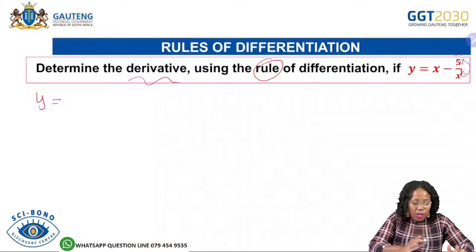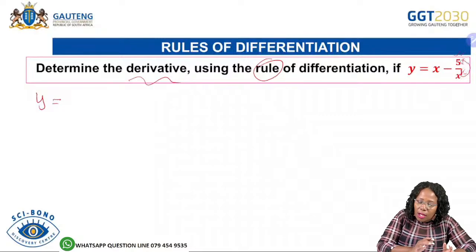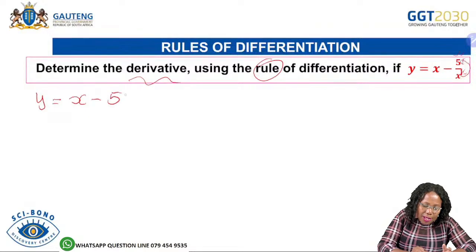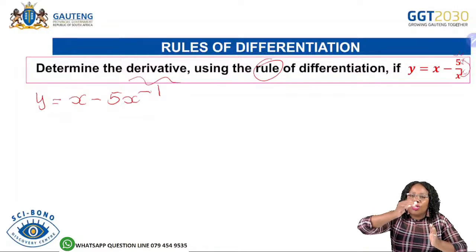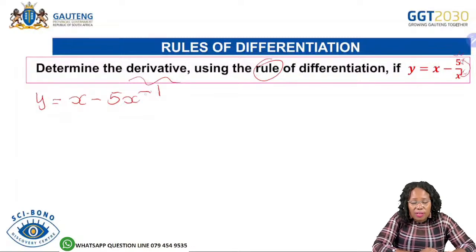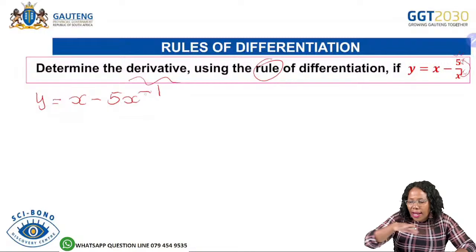We leave the notation as y equals x minus 5. But now we are taking x to the top. It will be x to the power negative 1 because it's changing from denominator to the numerator, down to up, okay? So it is changing the sign. So now everything is on the straight line. We can now start deriving.